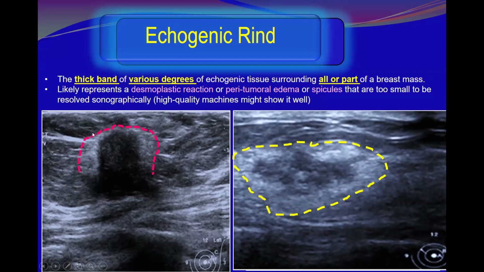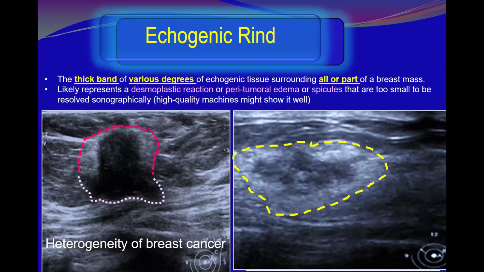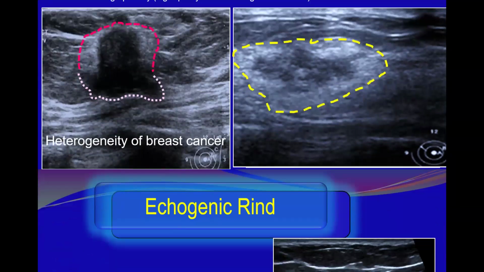Posteriorly, there is no hyperechoic rind, but the lesion itself seems angulated and infiltrating into the adjacent parenchyma. So in this lesion, these portions react differently from this portion, and this is indicative of the heterogeneity of breast cancer even within the same lesion. Within a single lesion, we can find heterogeneity of breast cancers.